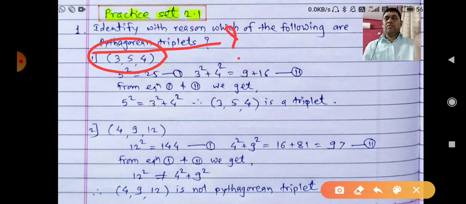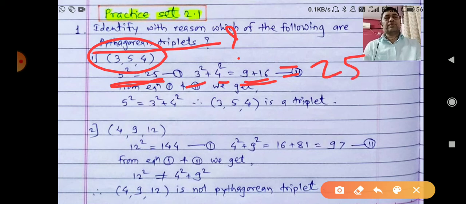In these three numbers, which is greater? Always 5. So 5 square is 25, and the sum of the squares of the remaining two numbers, that is 3 square plus 4 square, that is 9 plus 16. And what is the sum of this? Again 25. This is our second equation.